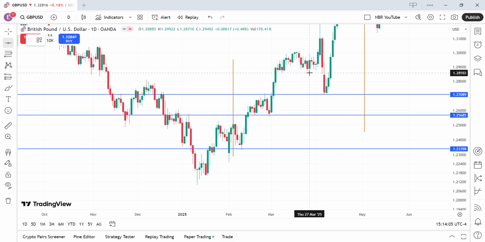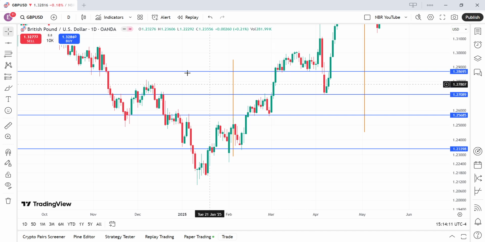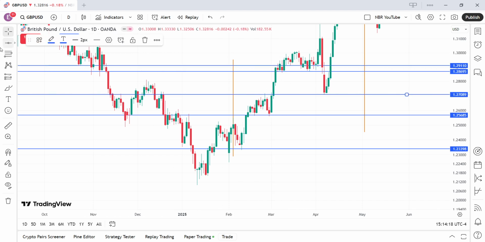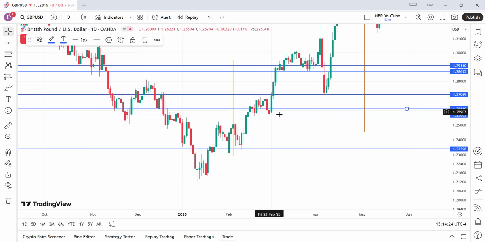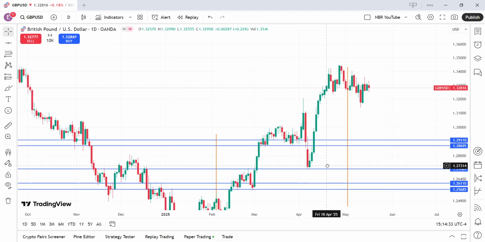So I'm now selecting the swing low. And look at these swing lows here. You need to do the same things that I'm doing now on your chart to be able to understand what I'm talking about and how to do them.